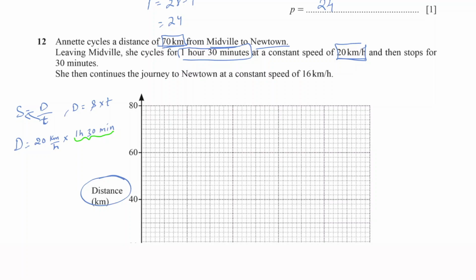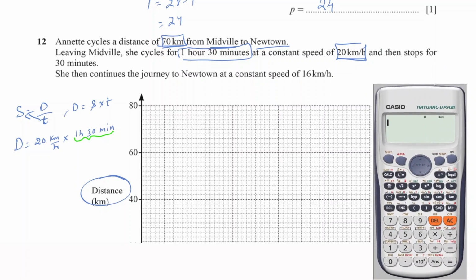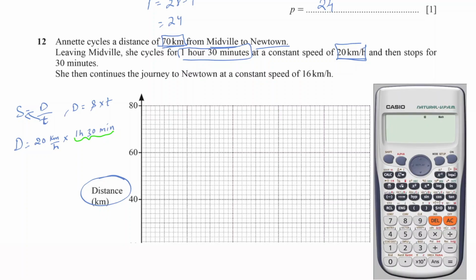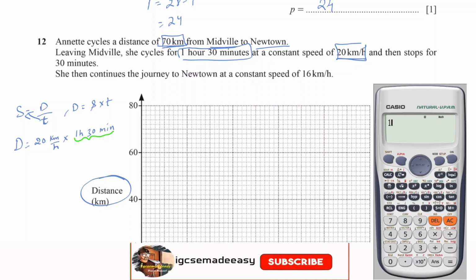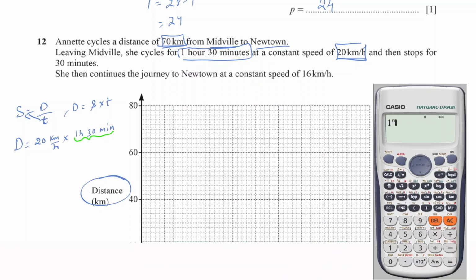Let's use a calculator. I'll show you how to use that calculator. You can see the calculator over here. Now let's do that. You can type 1 and then press the dot and comma, which means 1 hour and 30 minutes. Again I press that comma and press equals, and it will give you 1 hour 30 minutes and 0 seconds, right?